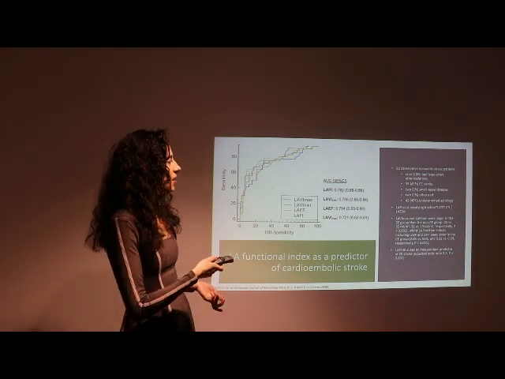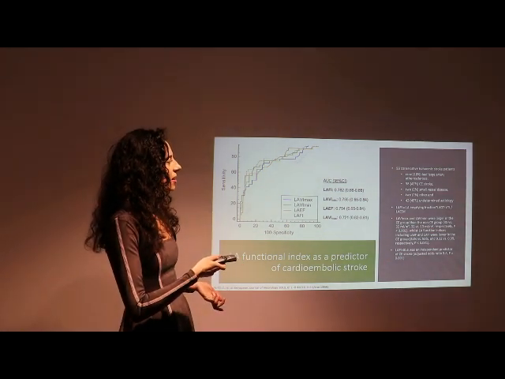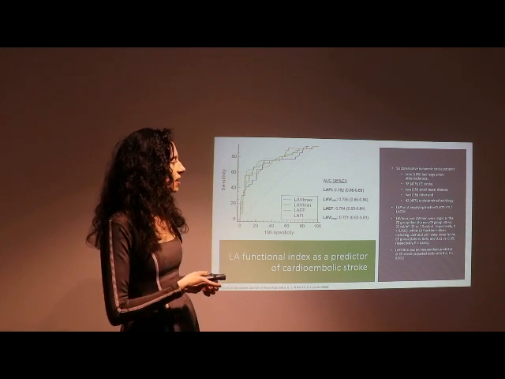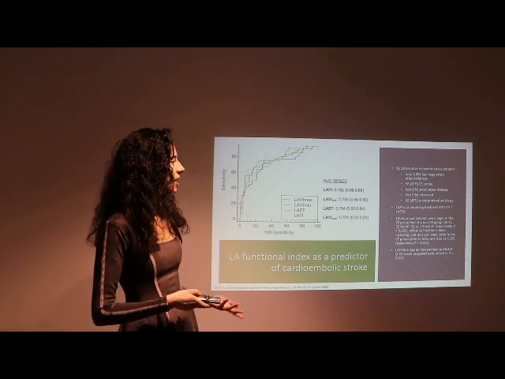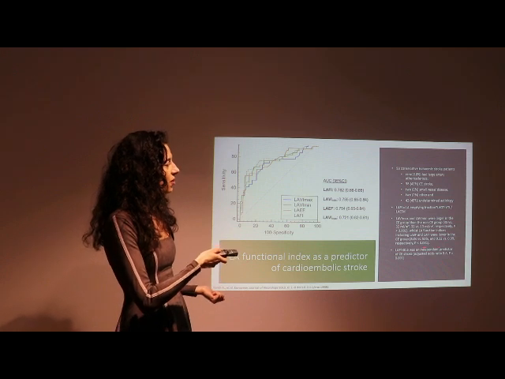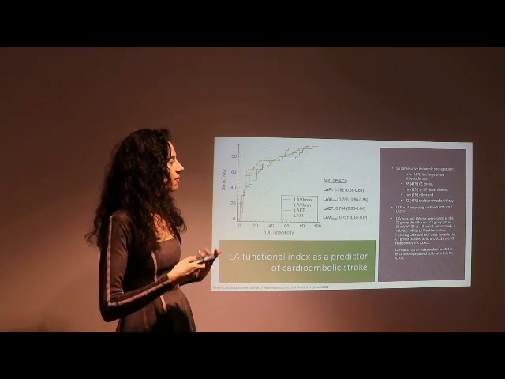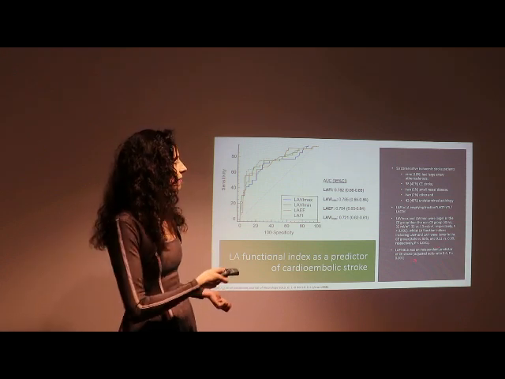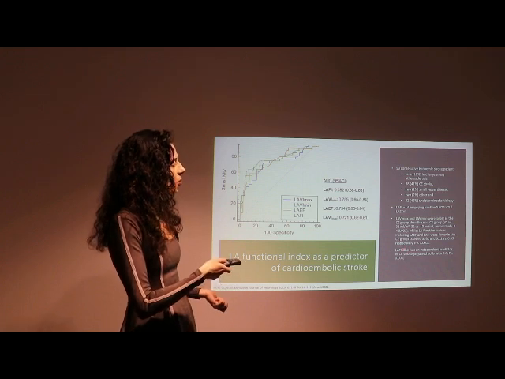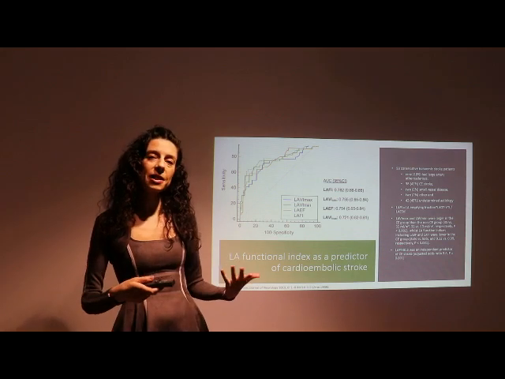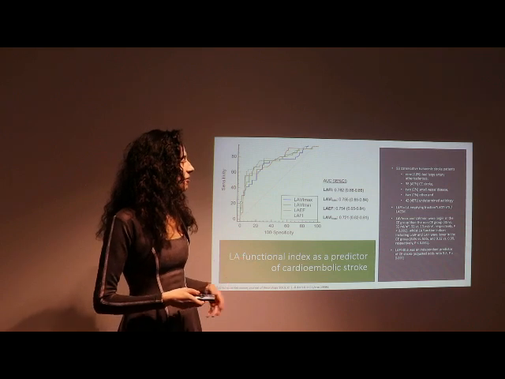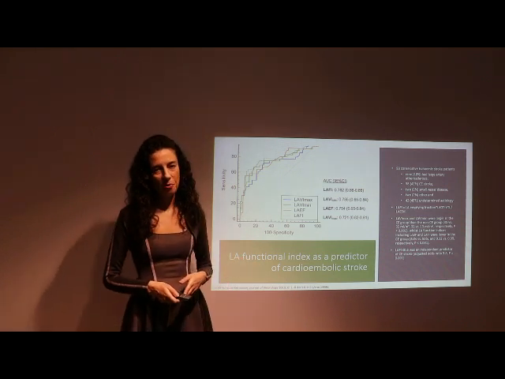And also they have found that the functional indexes were lower, and this left atrial functional index was very informative, and a value less than 0.3 was an independent predictor of cardioembolic stroke.